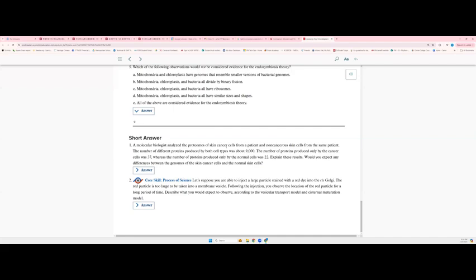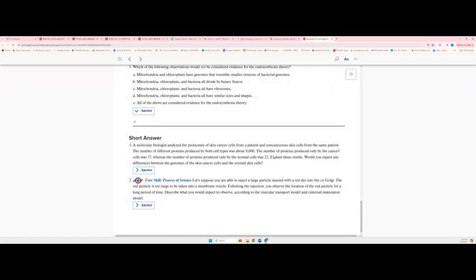In that skin cell, there's some type of protein which can degrade the other protein. They compared the patient protein and the skin protein from the other. The number of different proteins produced by both types is about 900.